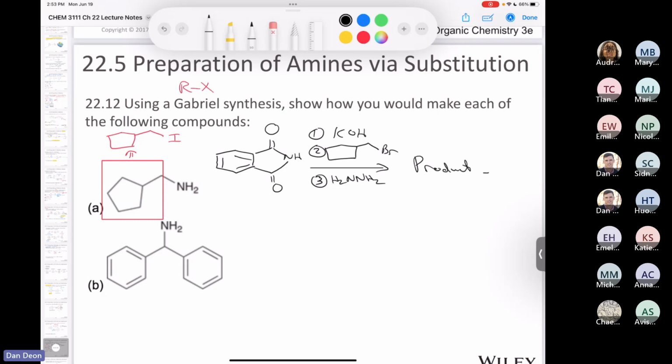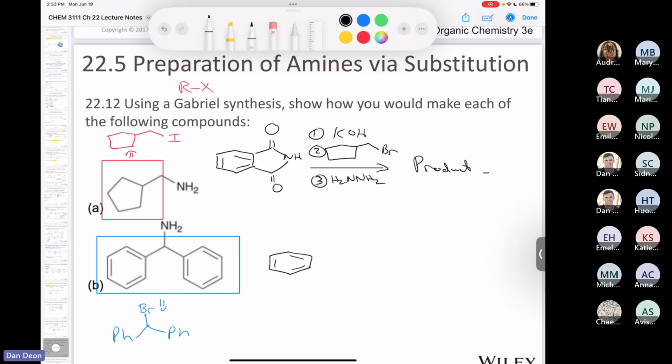All right, for the other one, again, the nitrogen comes from the potassium phthalimide, and all of this spinach is going to come from our electrophile. In this case, it's going to be a secondary alkyl halide, so it's going to look something like this. If you put chloride or iodide there, that's totally fine. And so we just regurgitate the exact same steps we did before.